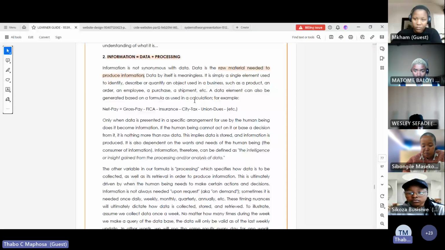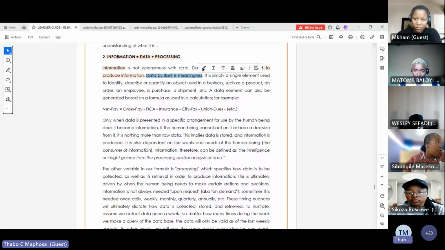you notice that once they start separating those details, you start having something that is called information. This is where we start when it comes to information. Data by itself is meaningless. It's useless. You can't use data.